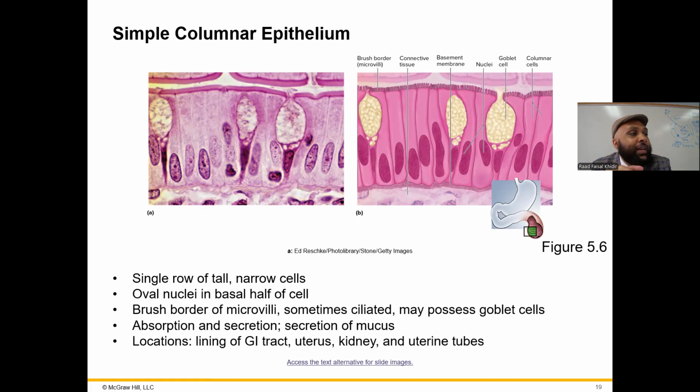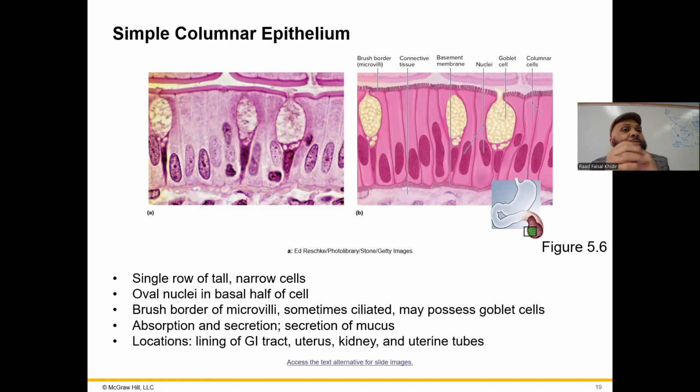metaplasia. In metaplasia, in order to adapt to that stress, the same way when you lift weight for too long, your bicep is going to get bigger to adapt to this stress. But if you stop lifting weight, it's going to go right back because it does not need to be stimulated no more. But here, when the acid is touching this simple columnar epithelium, it's going to change to stratified columnar because that's thicker to deal with this acid.